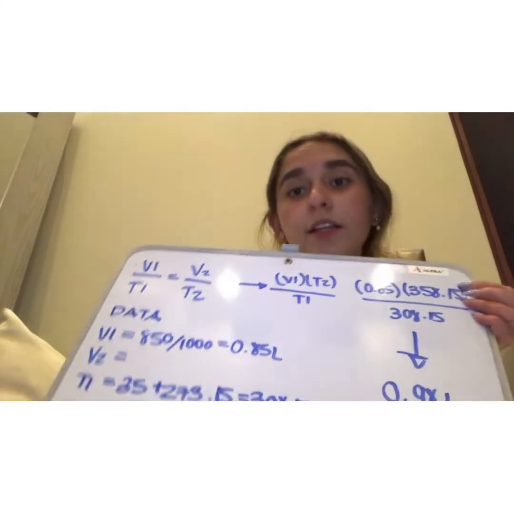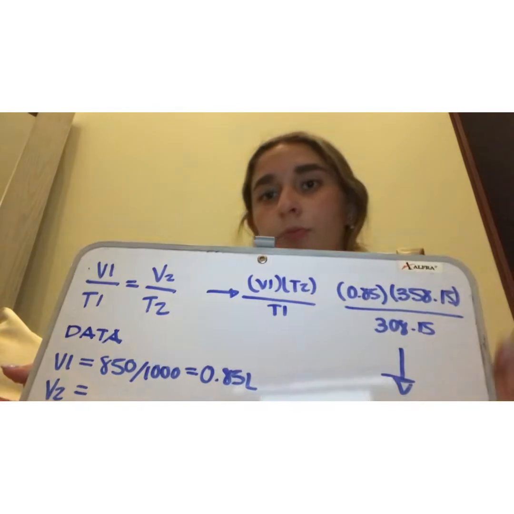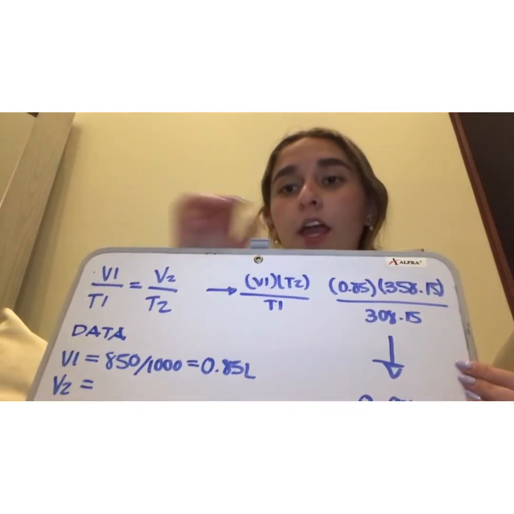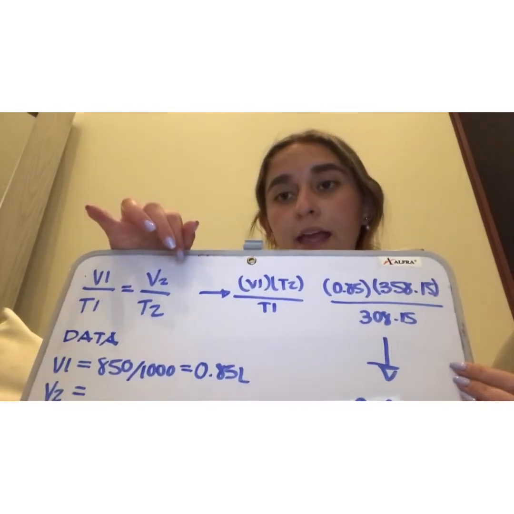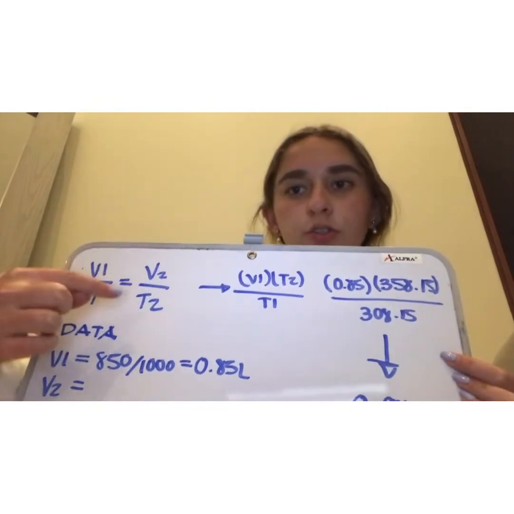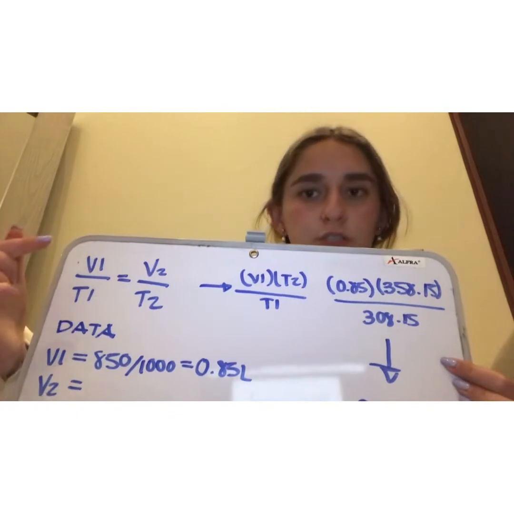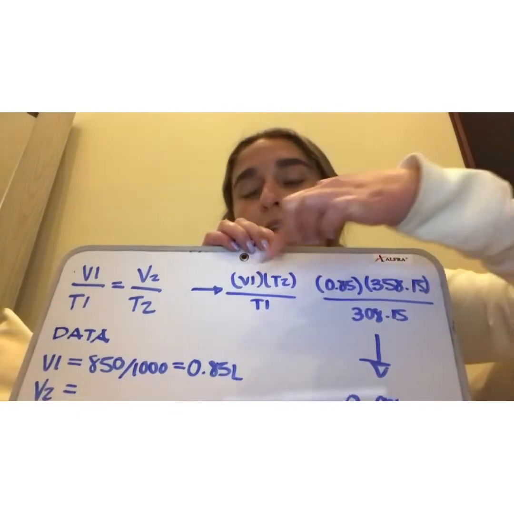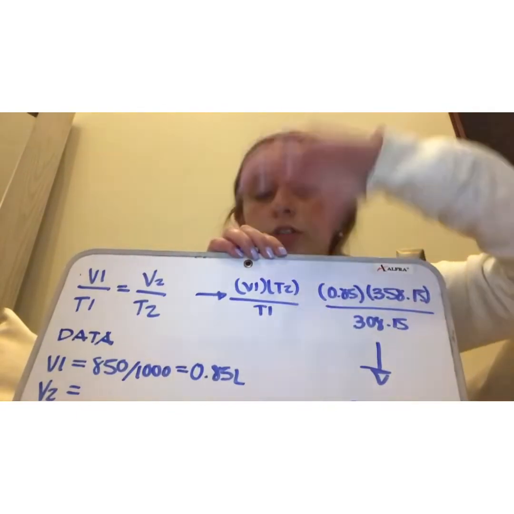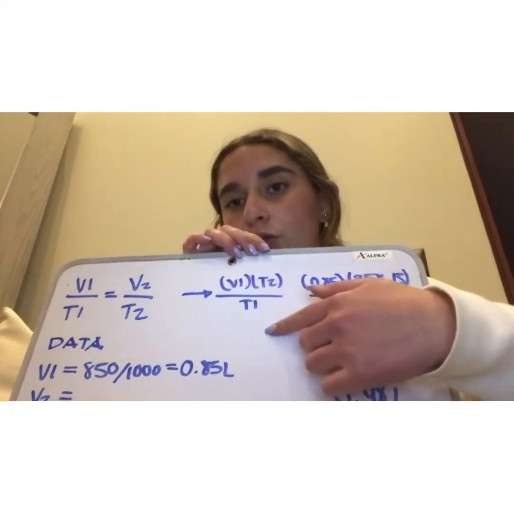Okay, so we have that our result is about 358.12. Now here at the top we have the formula without the V2. So it's V2 here, so we need to leave it alone. The T2 here is dividing, so it will pass multiplying. So that's why V1 and T2 are here at the top multiplying, and here the T1 divided.